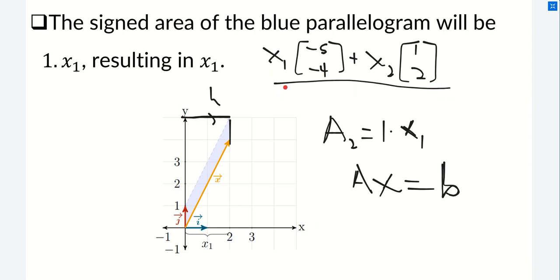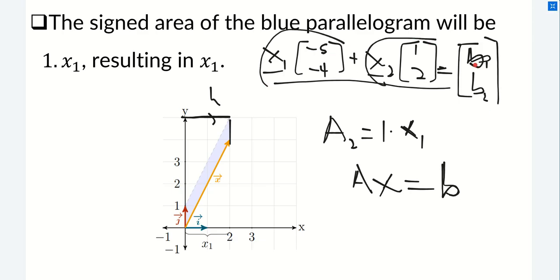Now here, what are we trying to do? We are going to get a b over here, which is b1, then b2, right? Now what is happening here is, when you pick each of these vectors, which we are transforming with the matrix to this, we have a portion of the b1 and the b2 in these calculations.